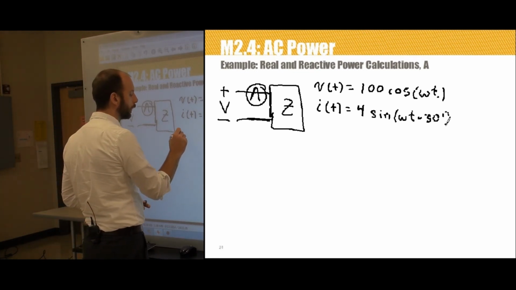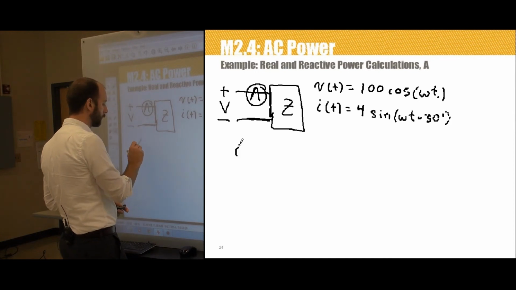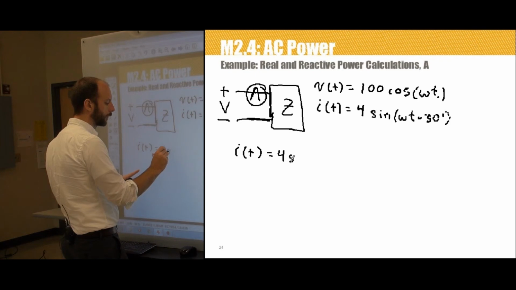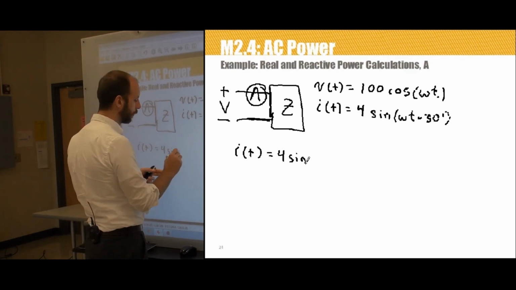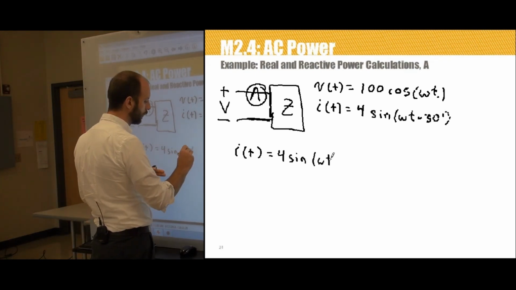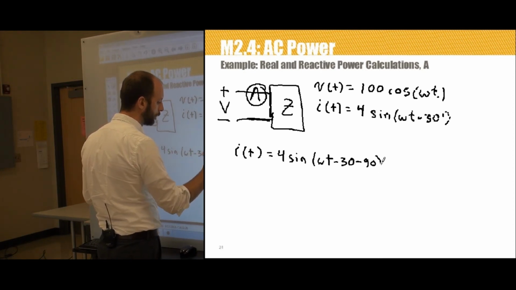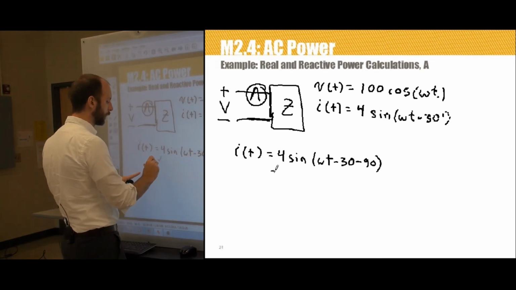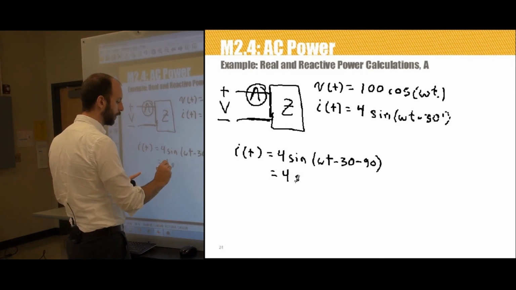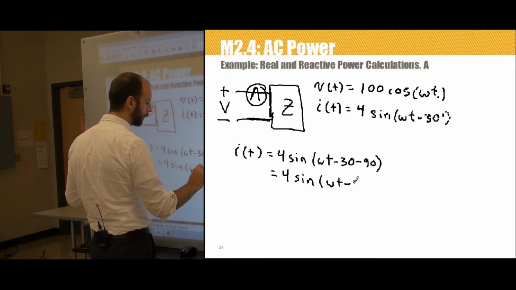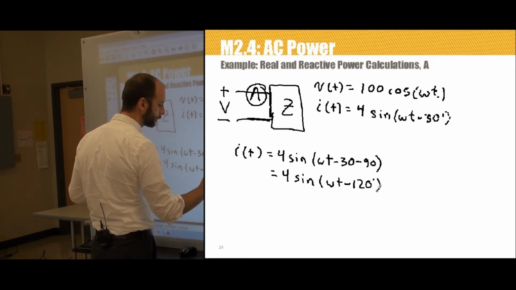So step 1 is i of t is 4 times the sine of omega t minus 30 minus 90. So that's equal to 4 times the cosine of omega t minus 120 degrees.